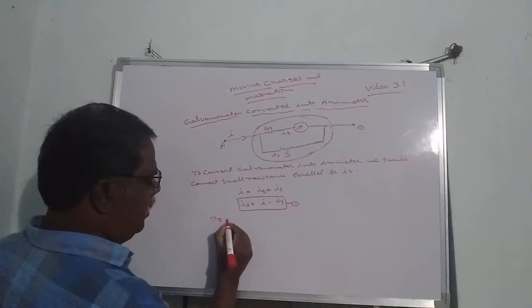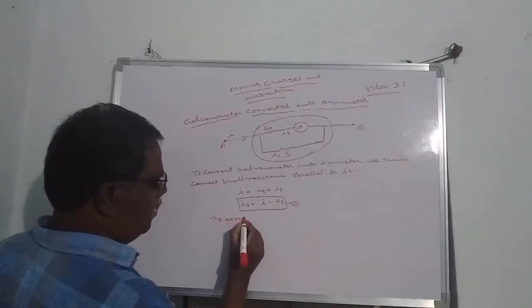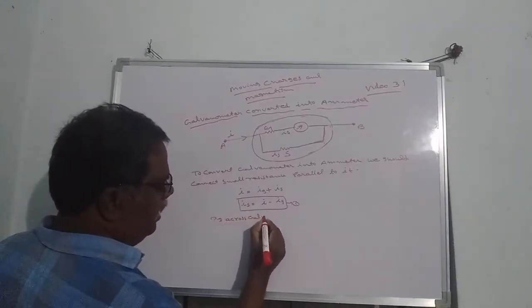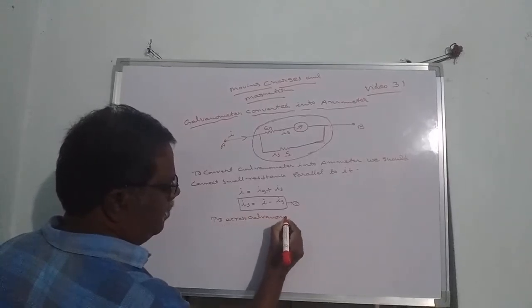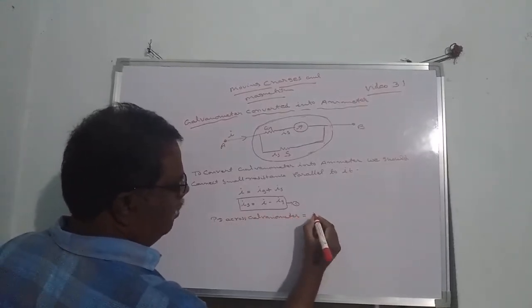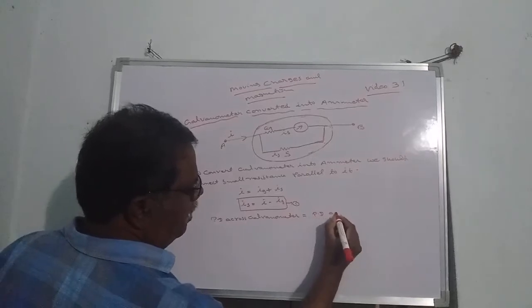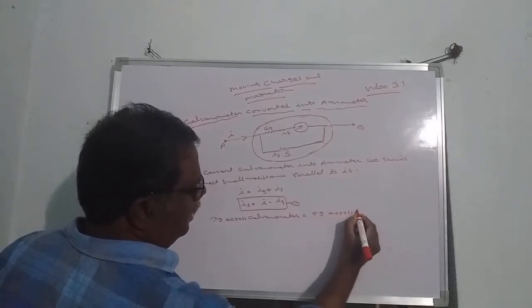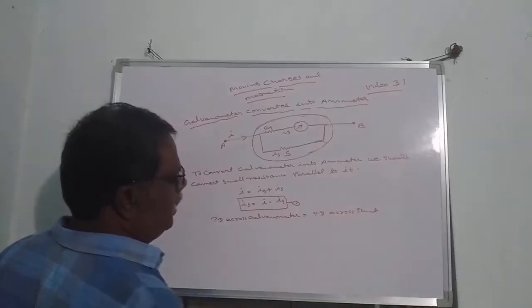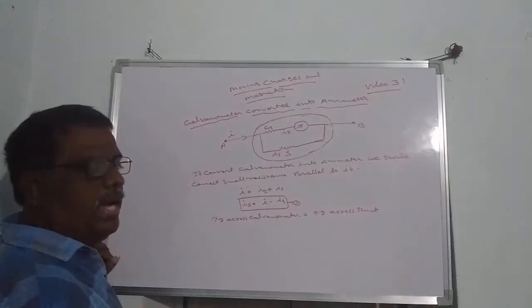Potential drop across the galvanometer equals potential drop across the shunt. Potential drop will be V equal to IR.